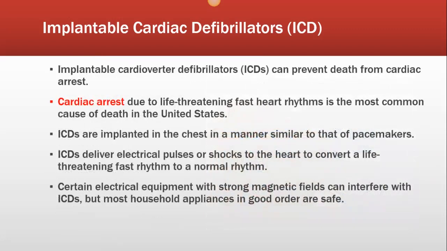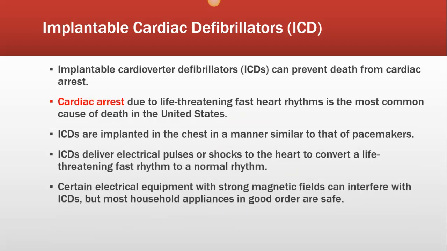So the ICDs can prevent death from cardiac arrest, and cardiac arrest is the life-threatening fast rhythms, and it's the most common cause of death in the United States. People die from heart disease, and oftentimes cardiac arrest. So if we can prevent that from happening, we're going to use the ICDs. They're implanted similar to a pacemaker.